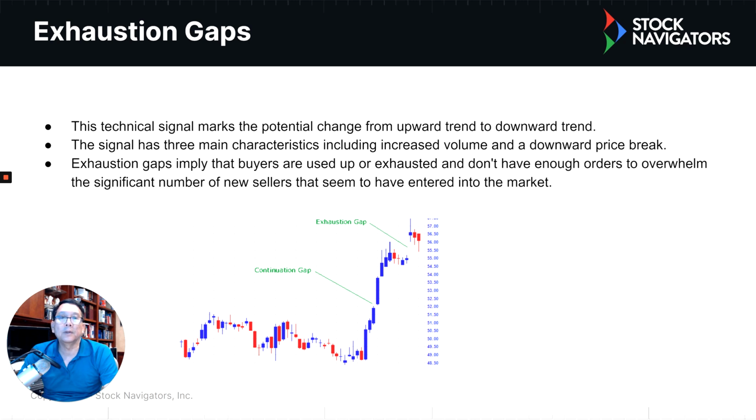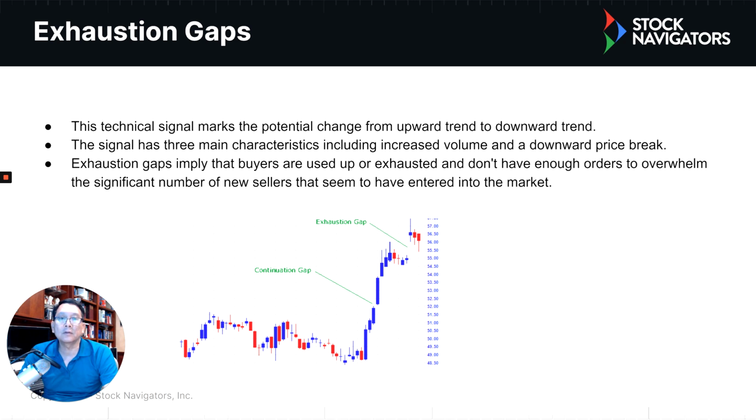Likewise, if it happens in a bull move, the bullish traders and buyers cannot get enough of that stock. The price gaps up with huge volume, then there is great profit taking, the demand for the stock totally dries up, the price drops, and there is a significant change in the trend direction.